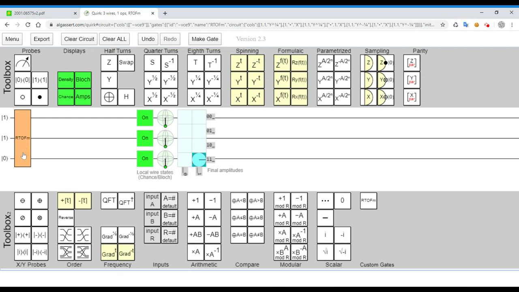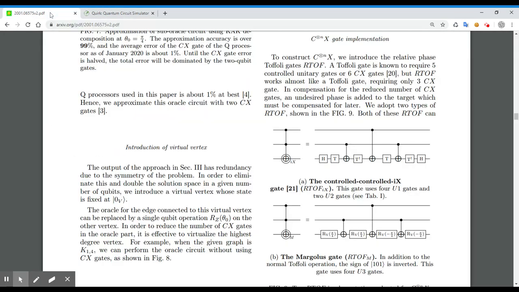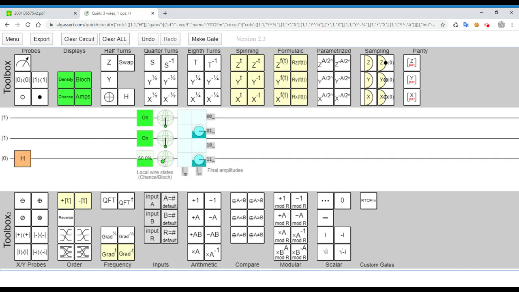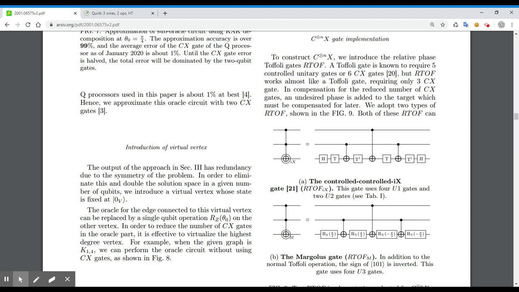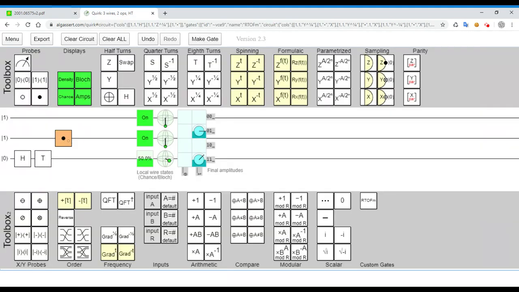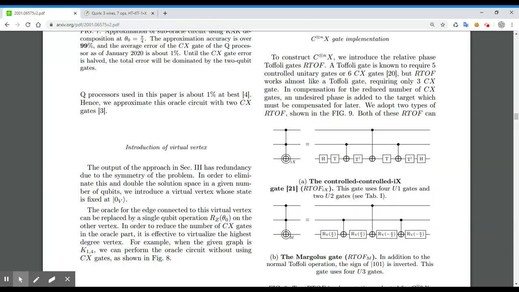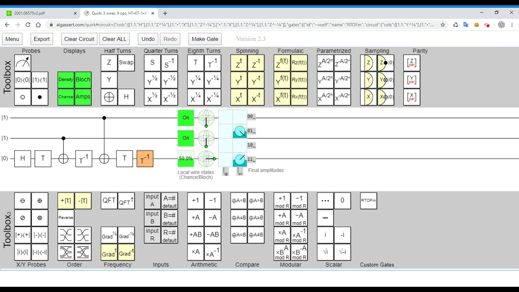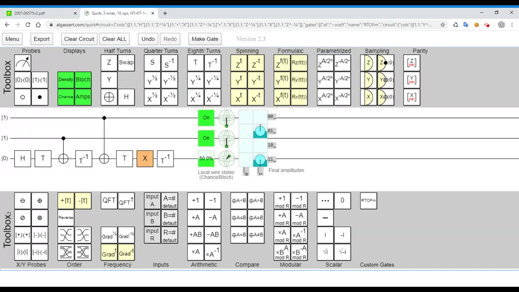So okay, this is basically H T. So this is a Hadamard and a T, and then we've got a control NOT minus D. Then we've got another control NOT in here. Then we've got T, another control NOT in between.